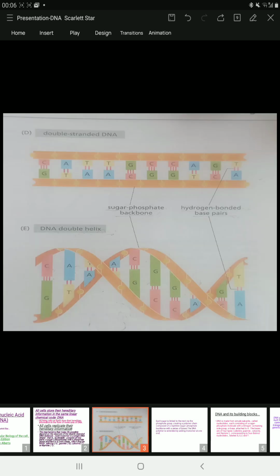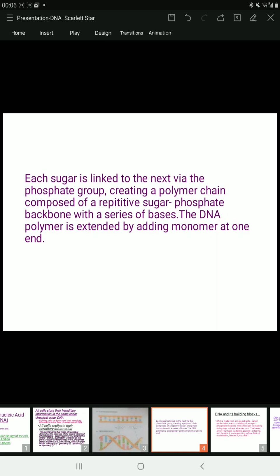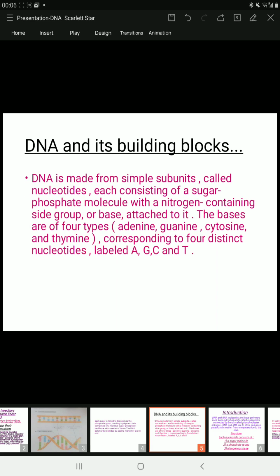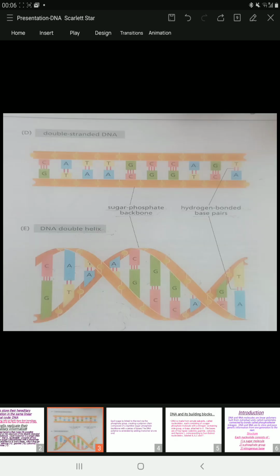This is the backbone, shown linearly in the above figure. And the nitrogenous bases are inside of the DNA structure.